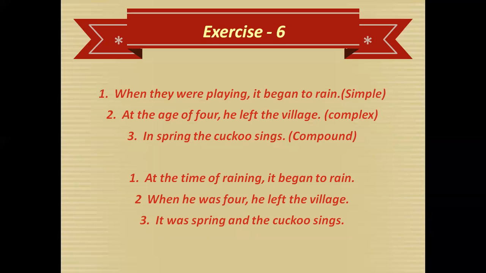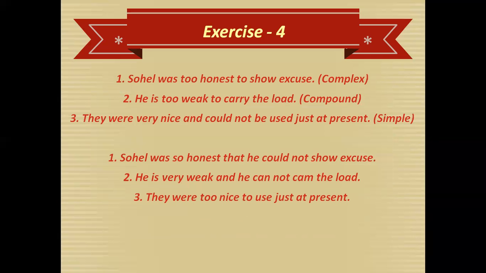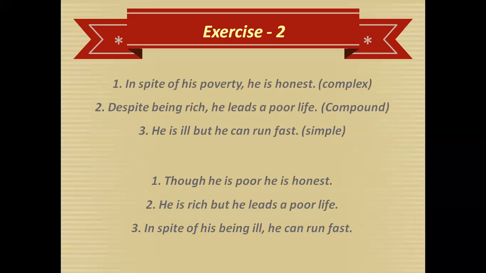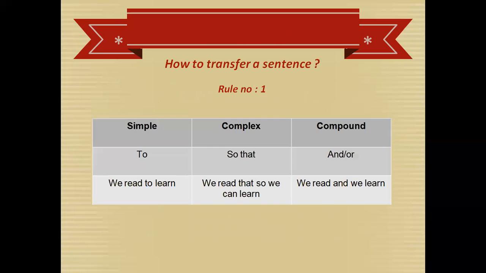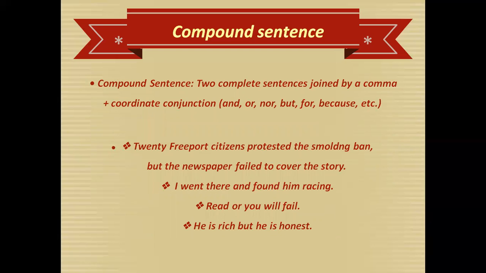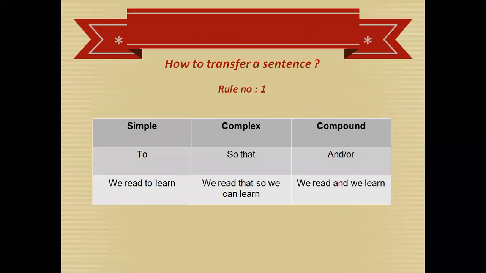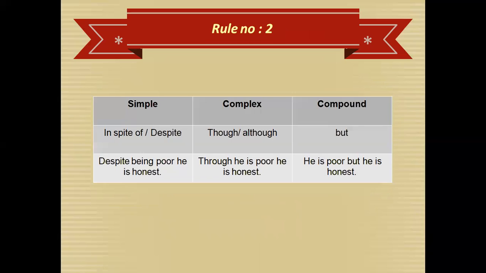Students, just listen. Simple sentence means it has one subject and one predicate. Compound sentence means two main clauses and one conjunction. Complex means one subordinate clause and one main clause. So what's rule one? Here we can use too in simple, so that in complex, and very and or in compound. Rule two: in simple sentence we use in spite of or despite; in complex, though or although; in compound, but.